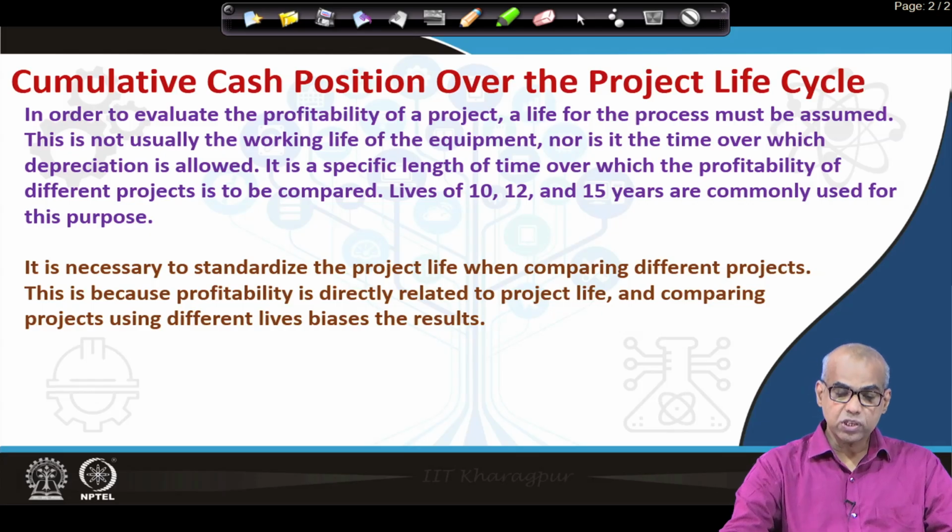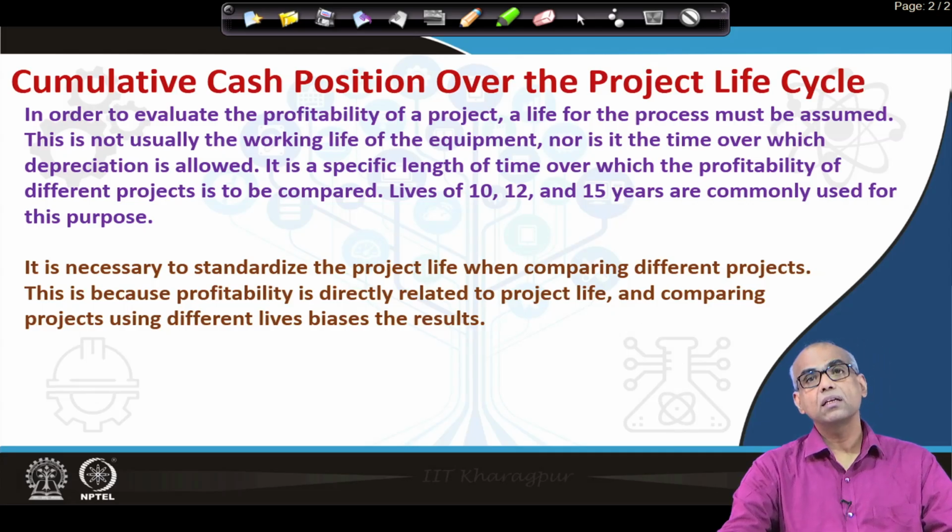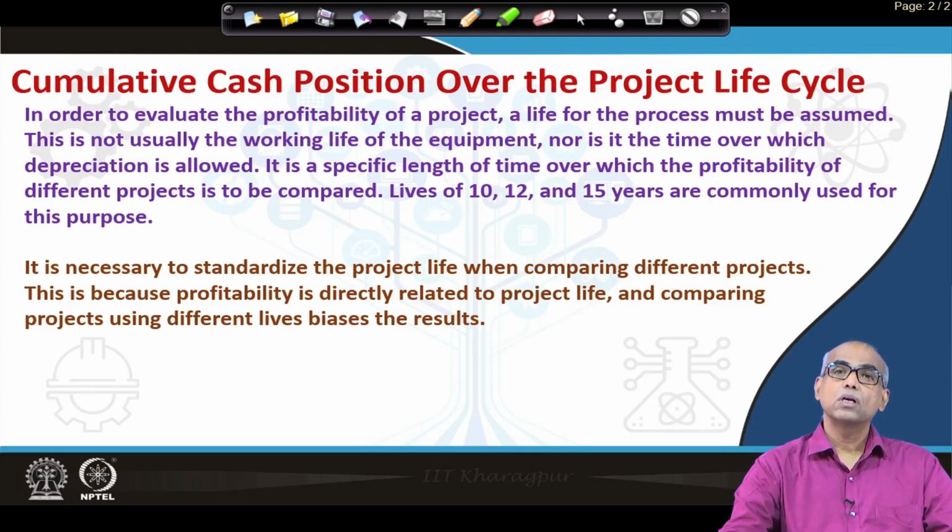It is necessary to standardize the project life when comparing different projects. This is because profitability is directly related to the project life, and comparing projects using different lives will bias the results of your analysis.